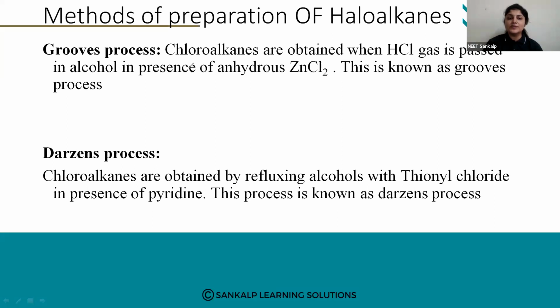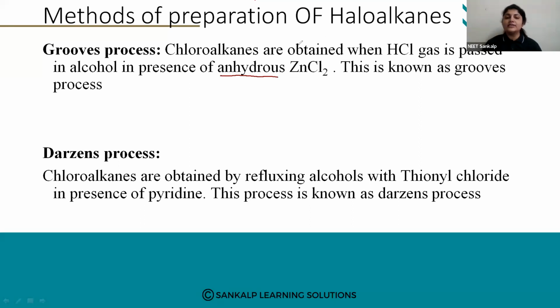First is Groove's process, very important. What is Groove's process? Chloroalkanes are obtained when HCl gas is passed in alcohol in the presence of anhydrous ZnCl2. What do you mean by anhydrous ZnCl2?